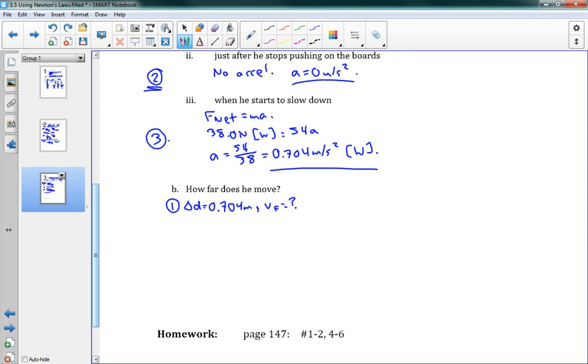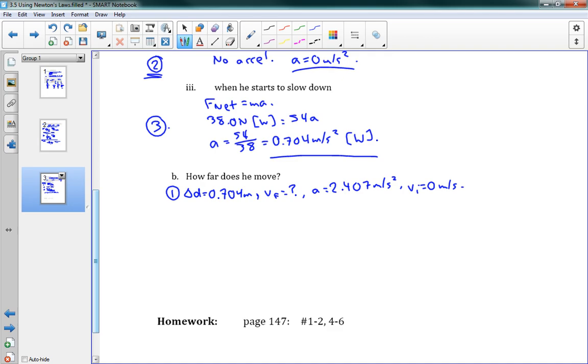Vf equals question mark. So we're going to use the delta D. We're going to use also the acceleration. We know that his acceleration there was 2.407. That's what we calculated. And we know that the initial velocity was equal to 0. He started at rest.